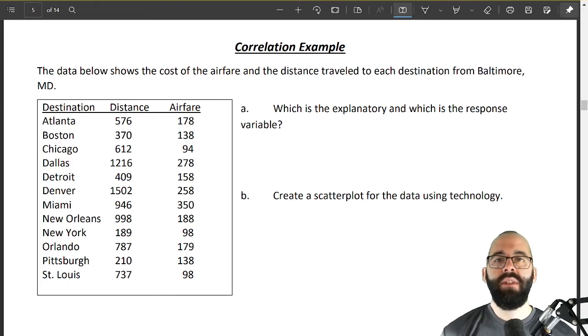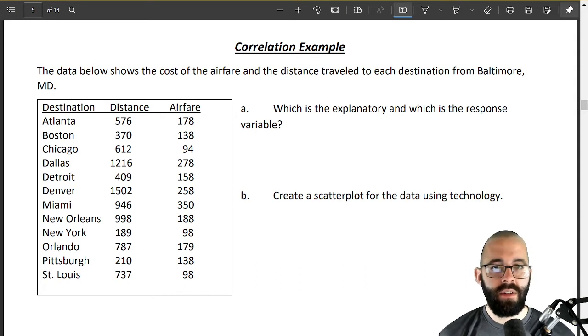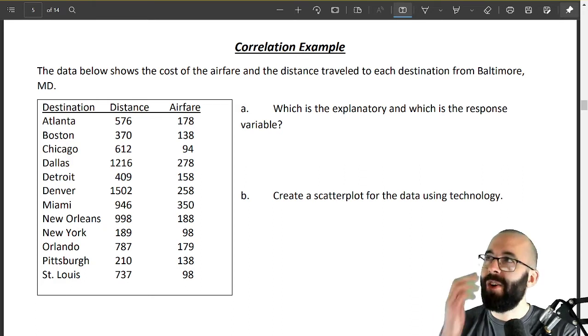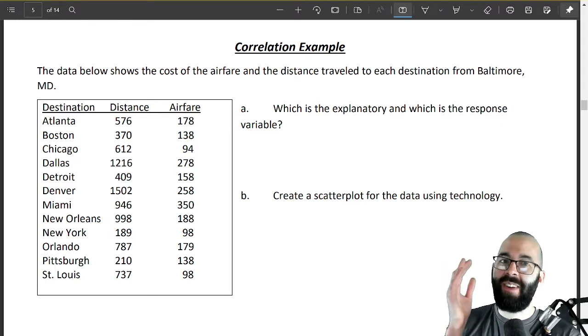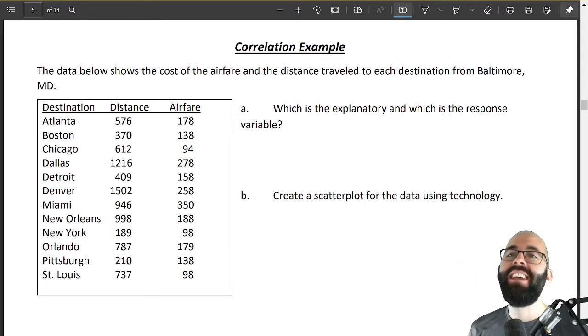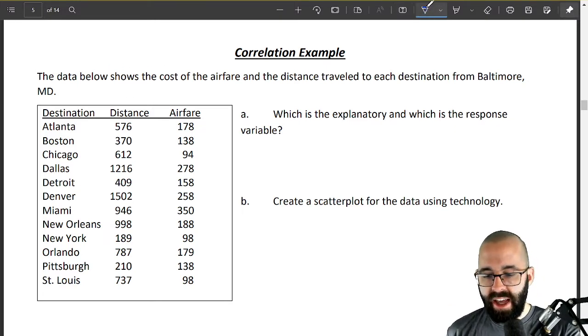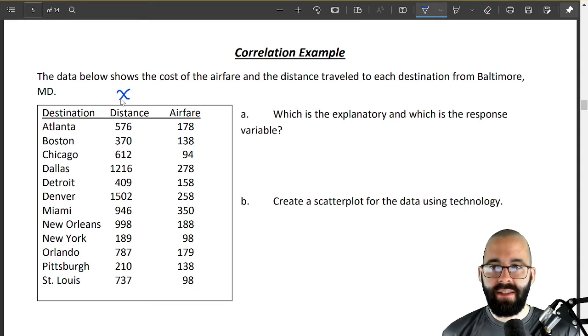The question is, what's the explanatory and what's the response variable? And it matters here. The explanatory is what is the cause? No, I don't want to say cause because we're not talking about causation here. What's the explanation? We're going to usually say the explanation is going to be the distance, right?